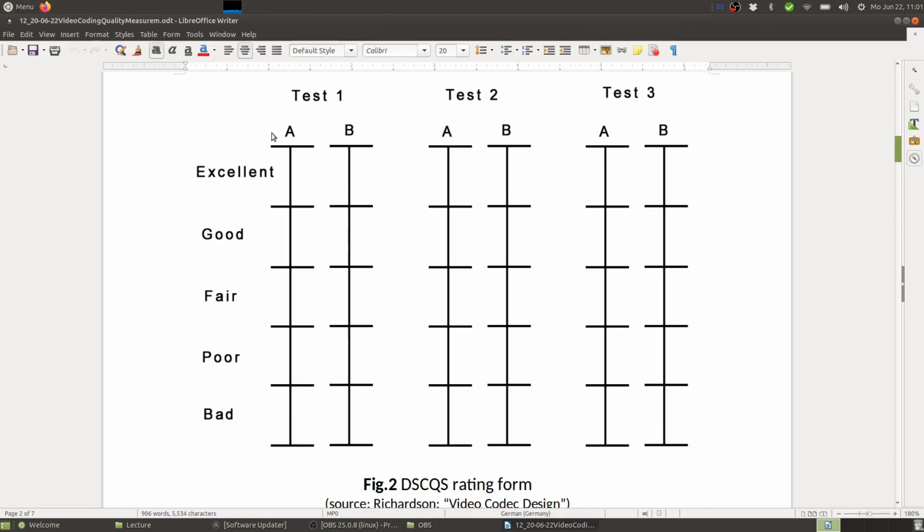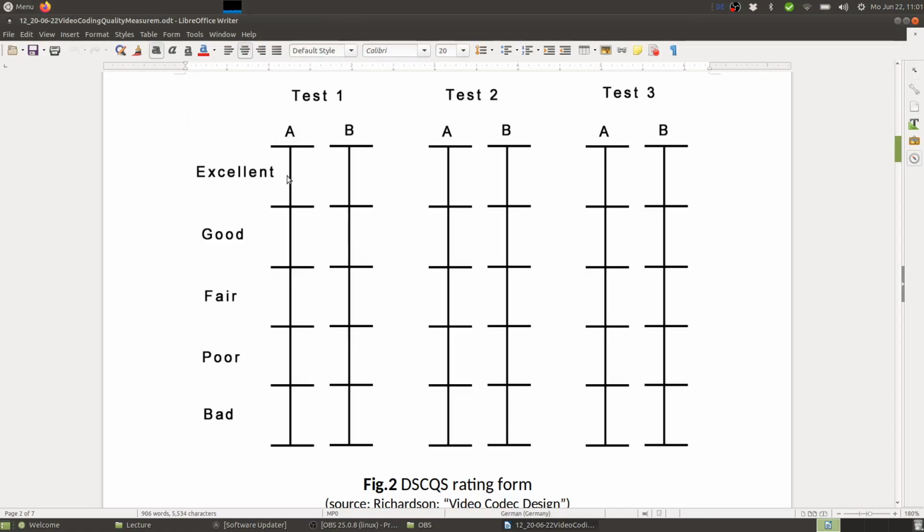And for small differences, this is important because this also shows if the test person can actually distinguish between original and decoded. If they knew the order, they could imagine that there is a difference without really seeing it, and this avoids imagining a difference. Here we really know what the person saw.